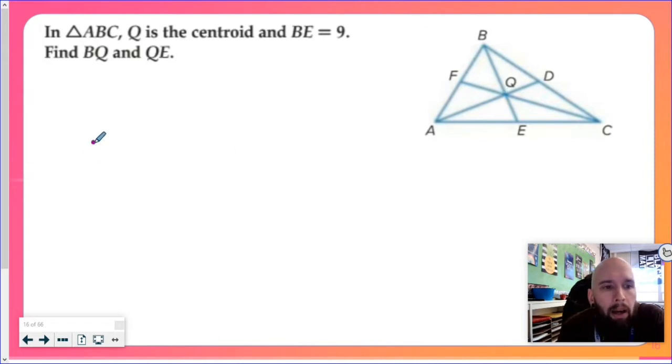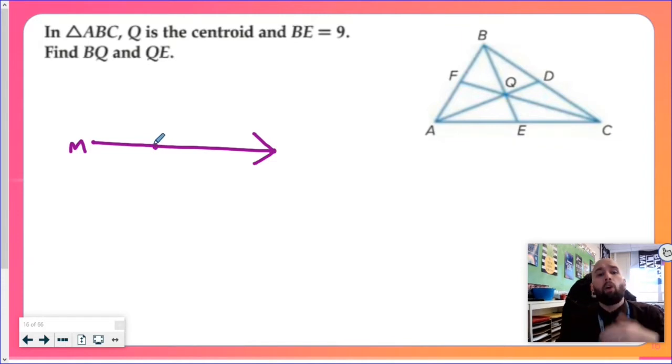If this is your median, like F, for example, and this is the angle that your line goes through, like C, you're going to have all these lines intersecting at a strangely specific spot.